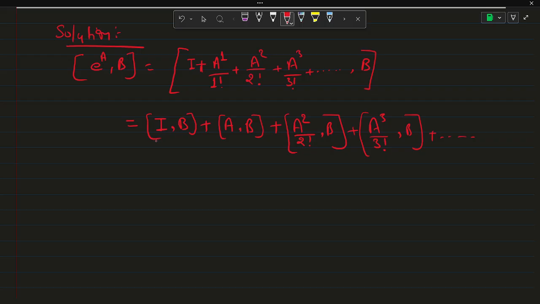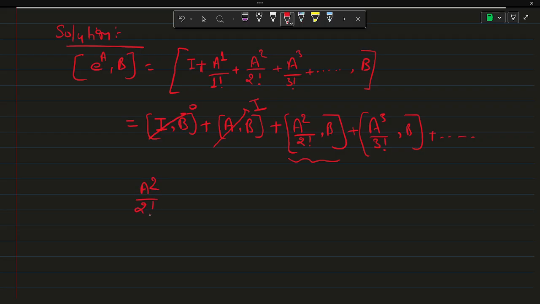Now the first term will give 0. This will be 0 because the identity commutator IB minus BI gives 0, and the commutator of A and B is already given in the question as identity. Now what will be the third term?